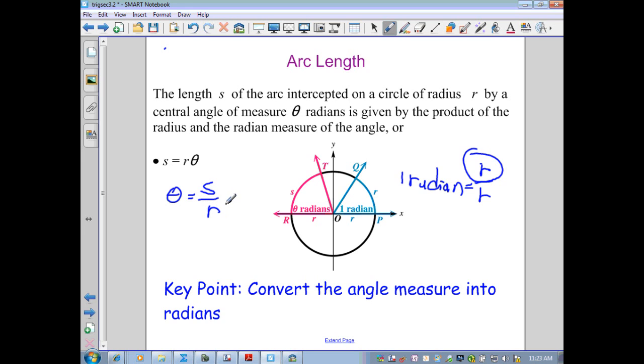To go from this function to what they're calling the arc length, which is s equals r theta, is just multiplying both sides by r. The key to doing all this is making sure that no matter what angle measure I have, it needs to be in radian measure. So if they give it to us in degrees, I need to convert that to radians.